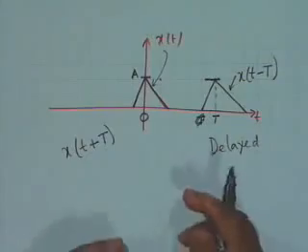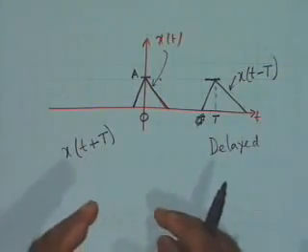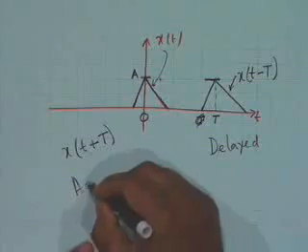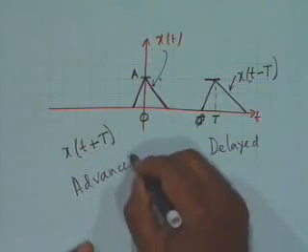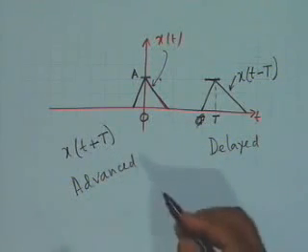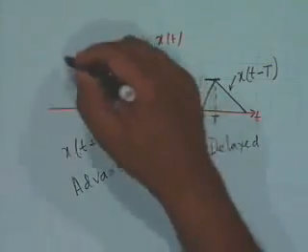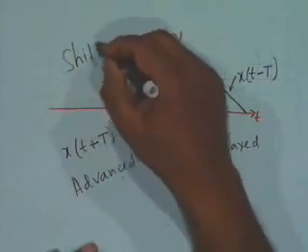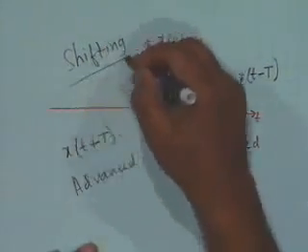On the other hand, if the signal appears before the original signal, naturally this is an advanced signal, and therefore the general phenomenon of transformation is shifting.